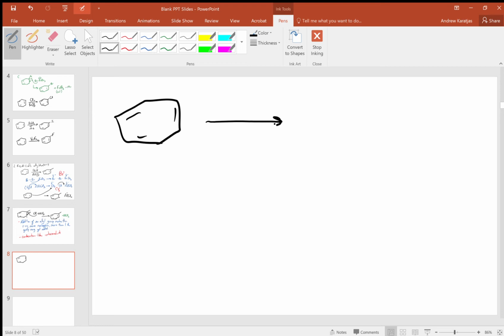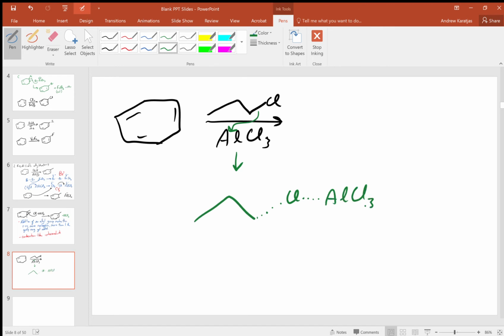So let's say that instead we use propyl chloride. Mechanism starts out the same. Carbon-chlorine bond attacks the aluminum. But this carbocation-like intermediate, if it has the ability to go to something that's more stable, it will.